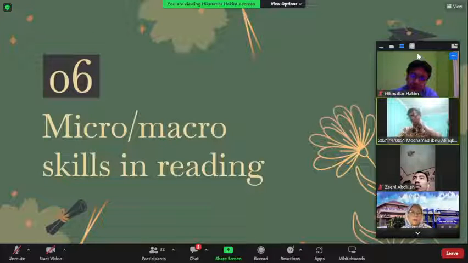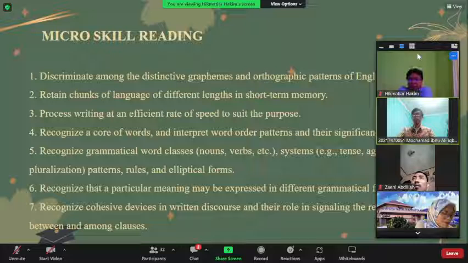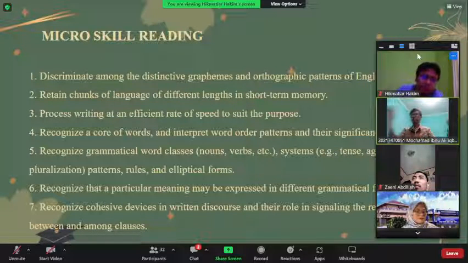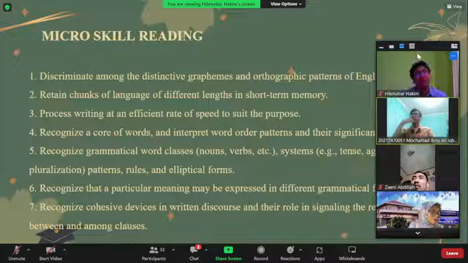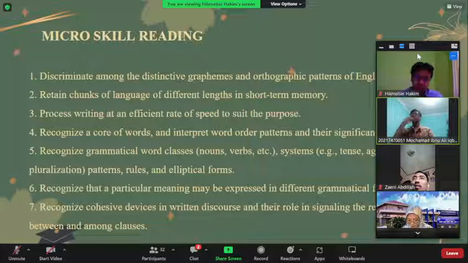Micro and macro skills in reading. There are seven micro skills for reading comprehension. First, discriminate among the distinctive graphemes and orthographic patterns of English. Second, retain chunks of language of different lengths in short-term memory. Third, process writing at an efficient rate of speed to suit the purpose.